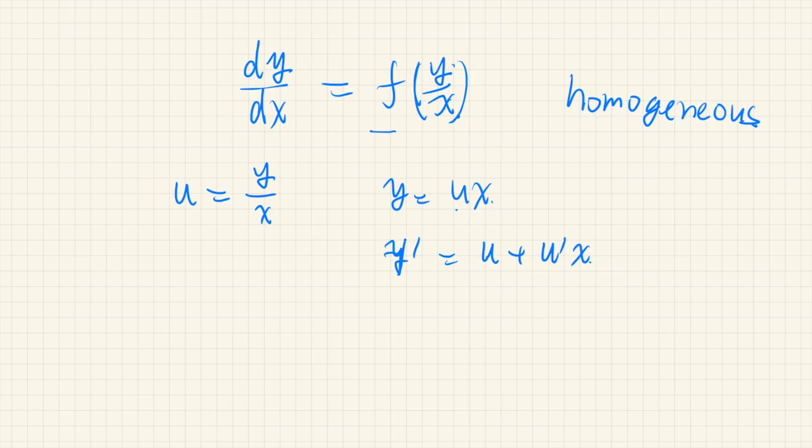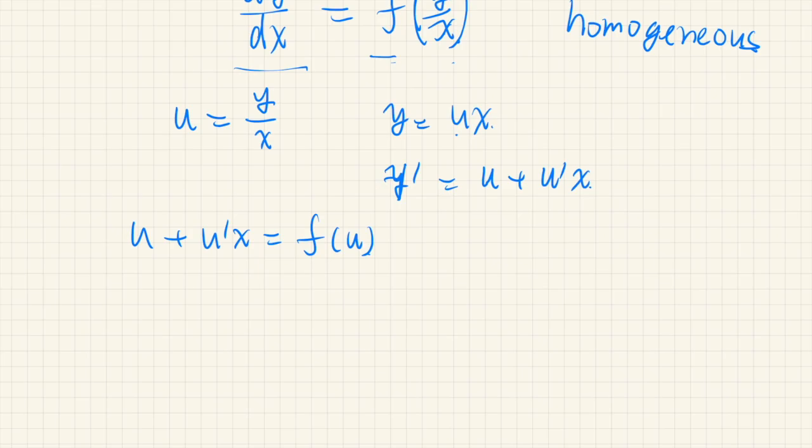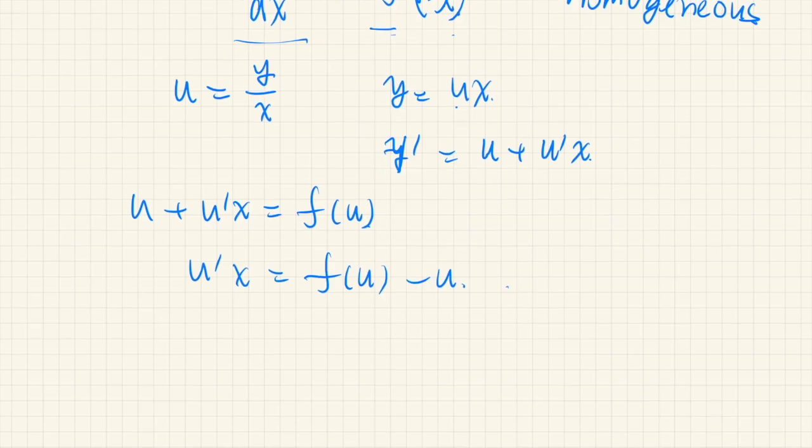So the left hand side will be u plus u prime x, and the right hand side is f of u. So we have u prime x equals f of u minus u, and let's divide. So this is actually the separable form, a separable differential equation.